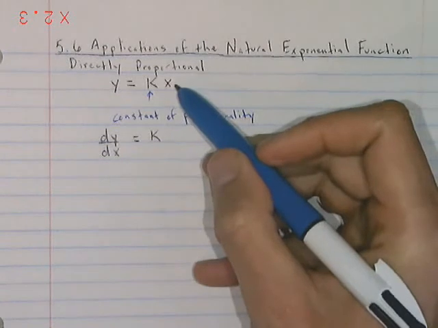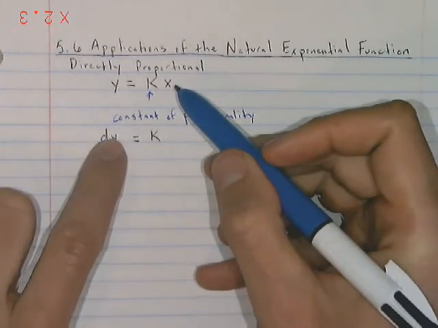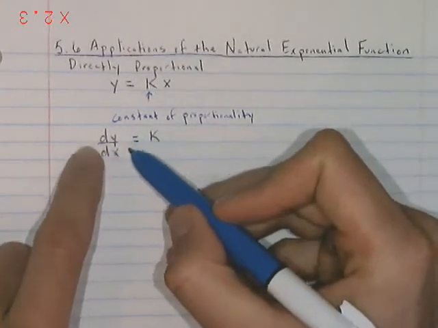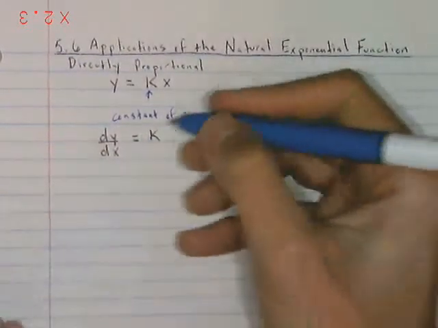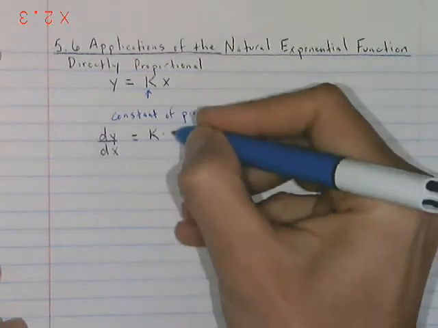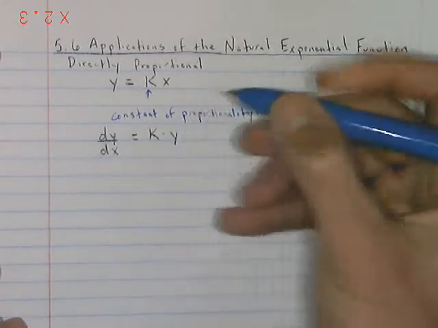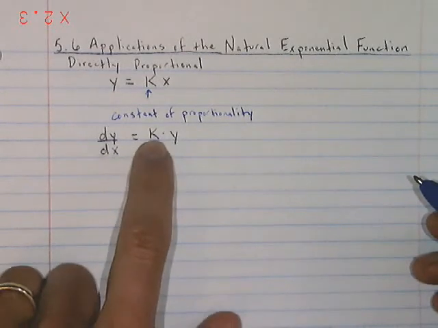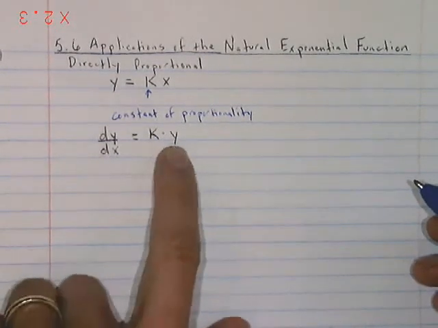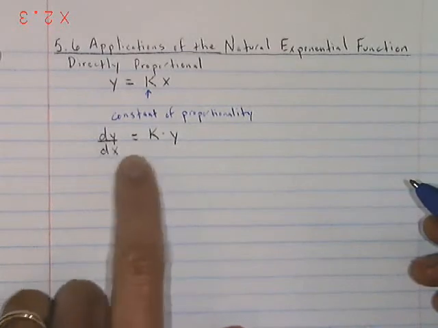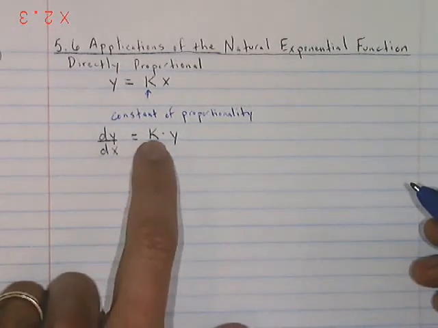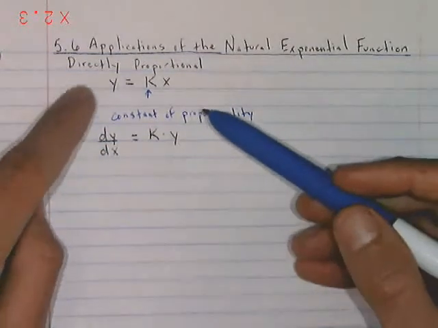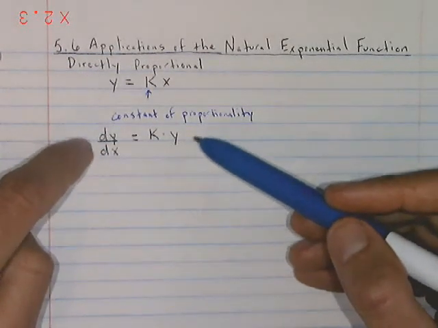But now the second quantity is the thing whose rate of change we're describing, and so the second quantity is just y. How y is changing depends upon the amount of y that we have and this constant of proportionality. The rate of change is directly proportional to the amount that we currently have. So all I did was substitute those two things.